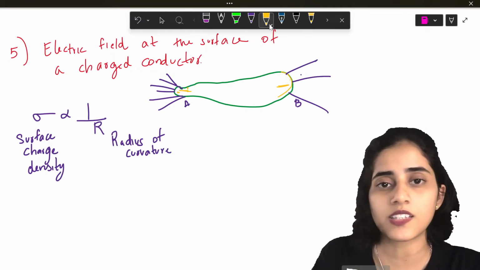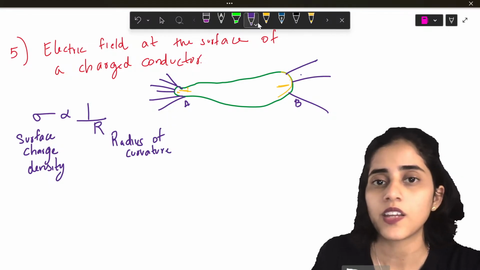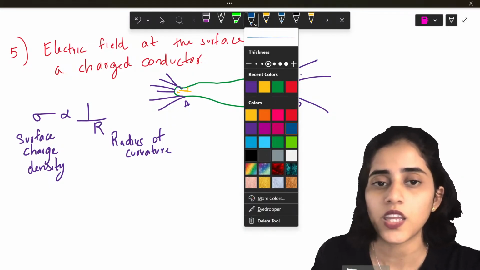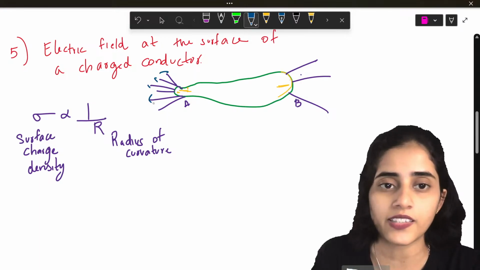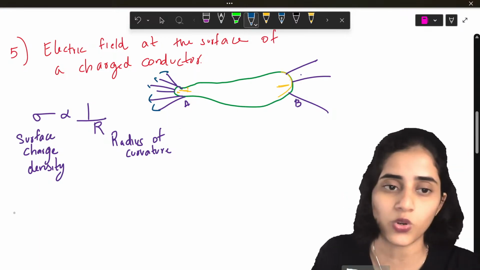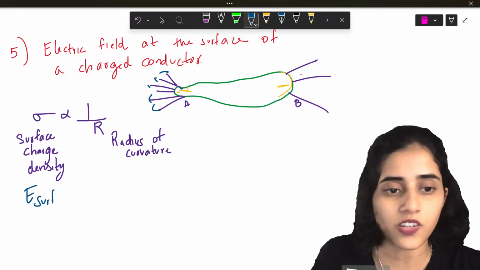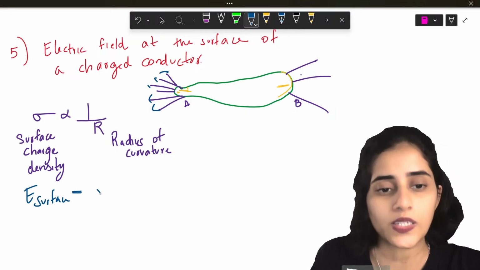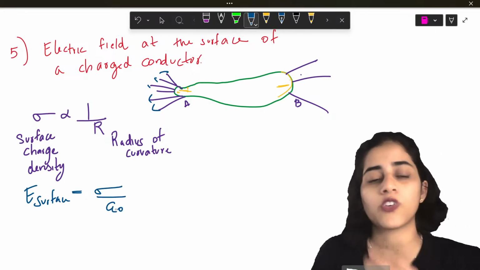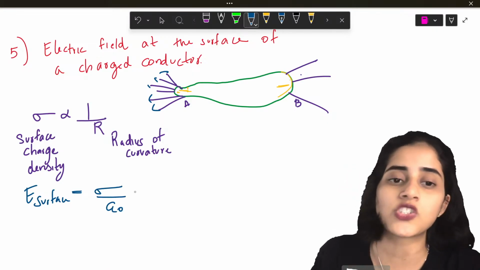If these are the electric field lines, and from A the electric field lines are going out, then I can say that the electric field at the surface will be equal to sigma by epsilon naught. Sigma is charge.